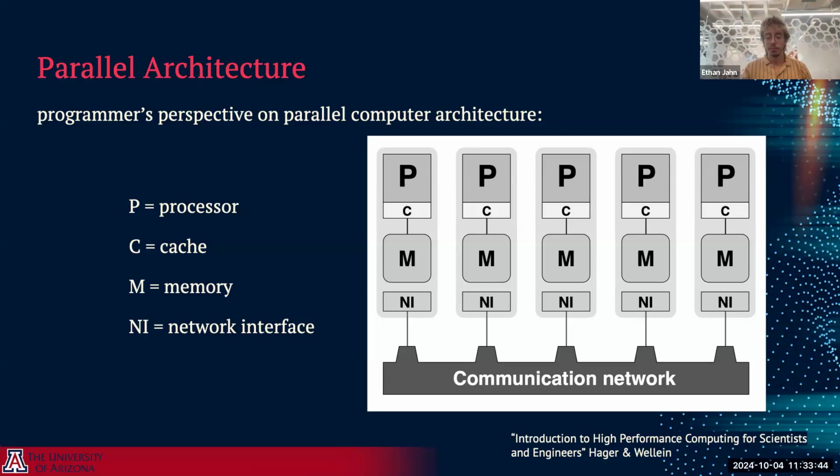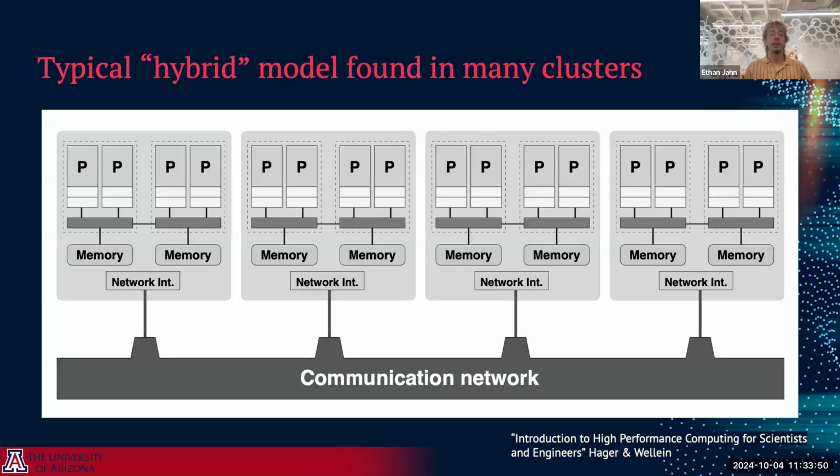As we mentioned, modern CPU chips oftentimes have multiple processors. So in reality, you have something more like a hybrid model in which each chip has multiple processors, and then they're connected to some type of shared memory. And then that shared memory and processors are connected via this communication network. So this is more so the model that we should be considering when we're thinking about processors in the HPC.